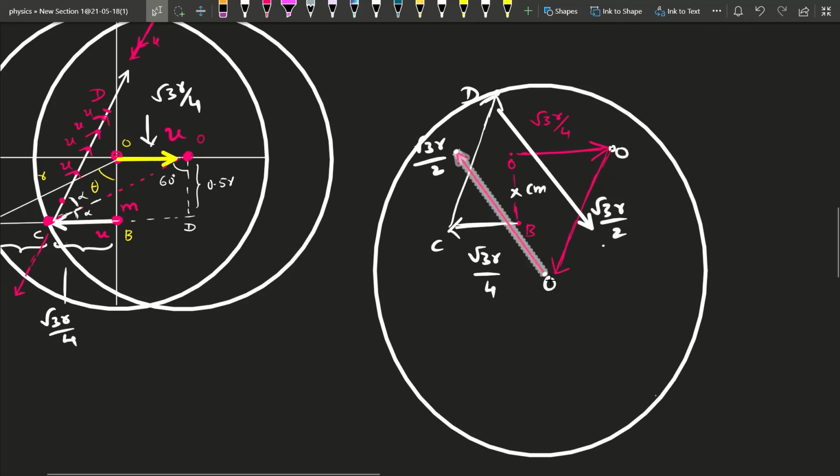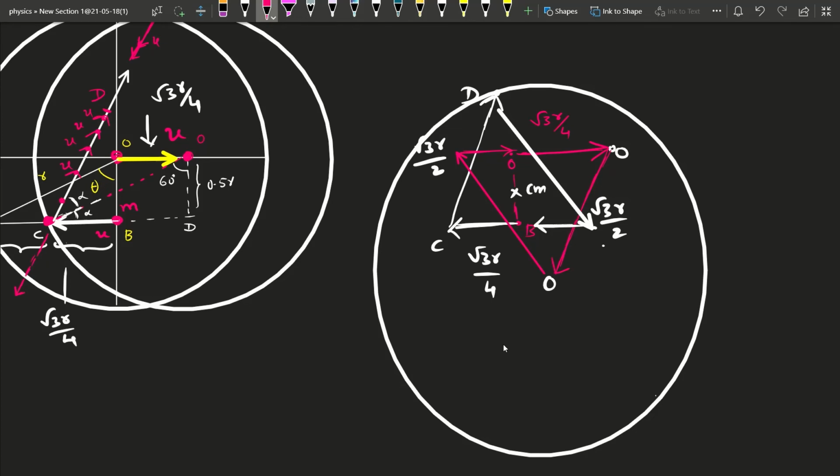It's moving like this, and again the cycle will repeat. Again it will undergo collision here, again it will start its motion like this, again it will collide here, again it will start motion like this.